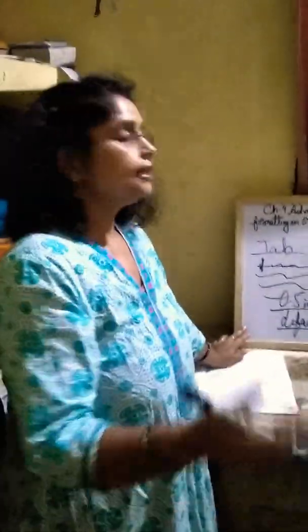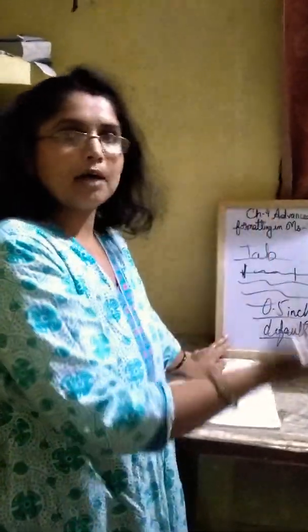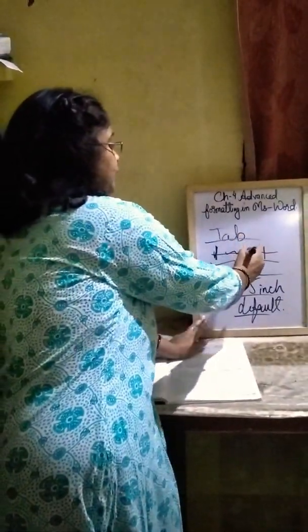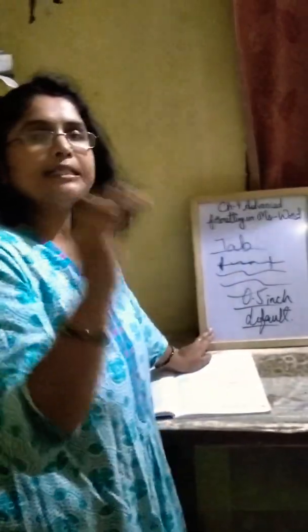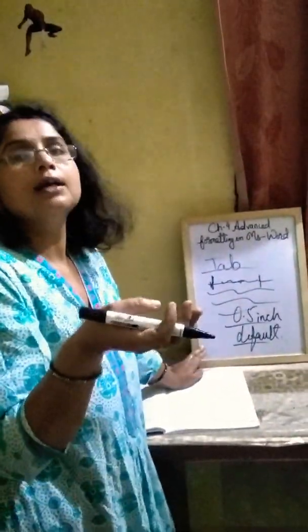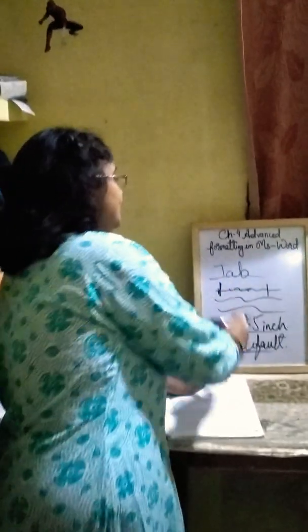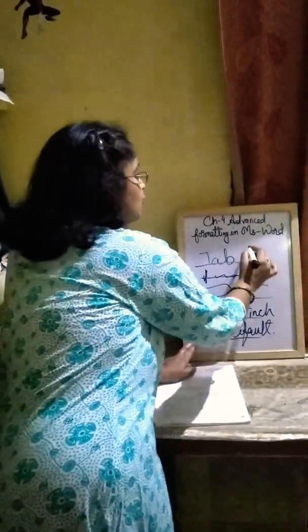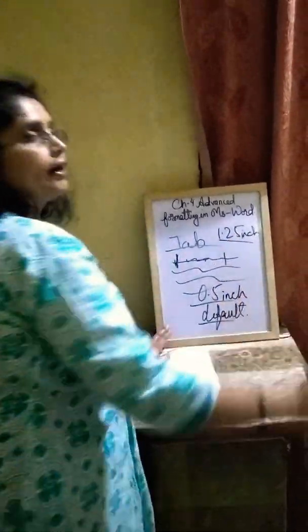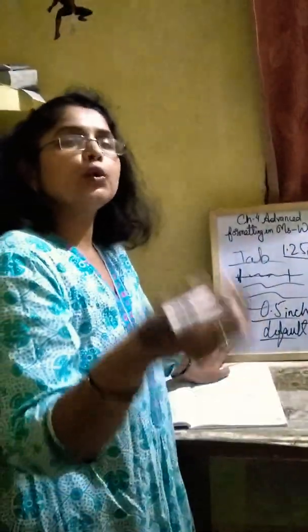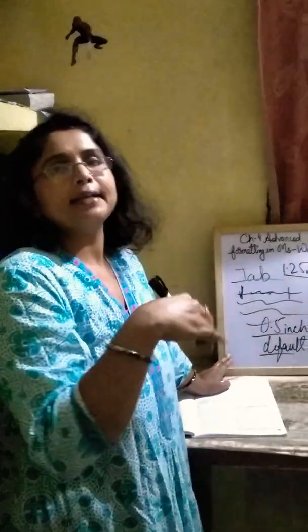Okay children, now when you press the tab key on the keyboard, it will move 0.5 inch forward. But you can set your own tab settings also. If you want the tab to move 1.25 inch forward, then you can set it from the tab settings.